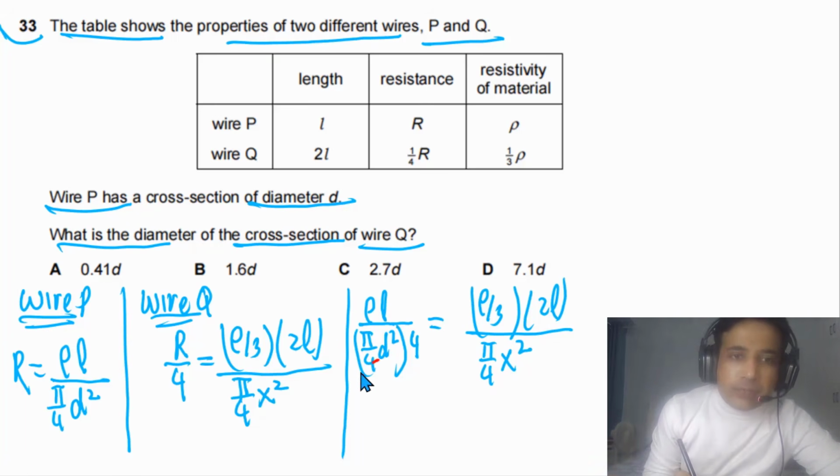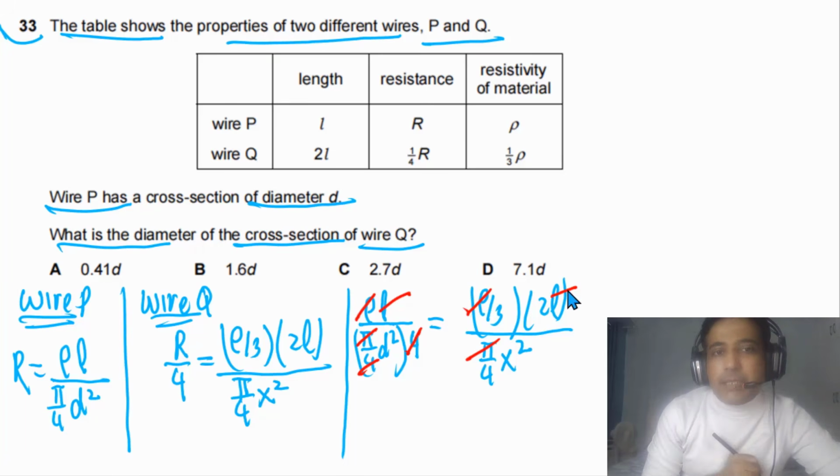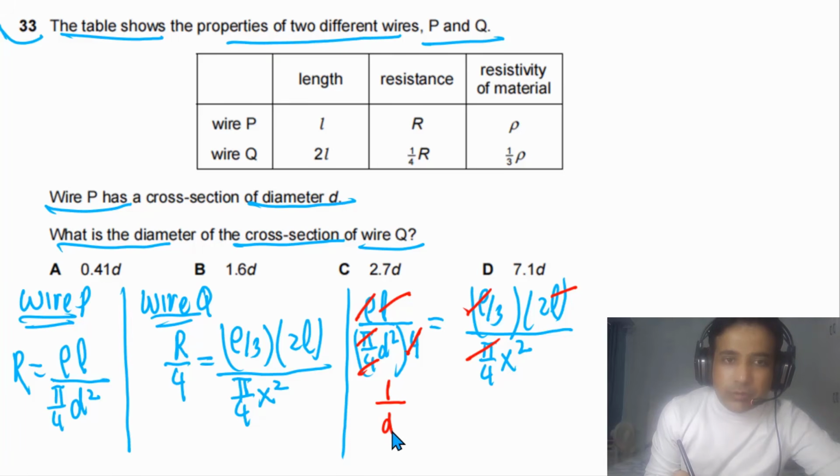In this case we can cancel this 4 with this, this pi with this pi, this rho with this rho, and this L with this L. Now we are simply left with d square on this side, so this is 1 over d square, and here we have 2 by 3, divided by x square divided by 4.